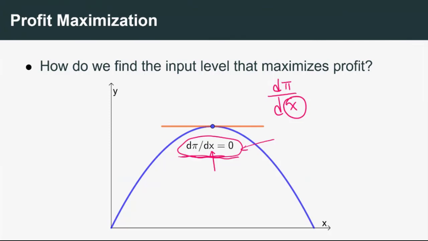So the choice variable for the input side is X, but later on, if we are solving the profit maximization from the output side, then the producer is adjusting the level of output to reach maximum profit. Then at that point, you should put Y at the bottom here, so you should take the derivative with respect to Y. So you need to pay attention every time to what your choice variable is when you're taking the first derivative.